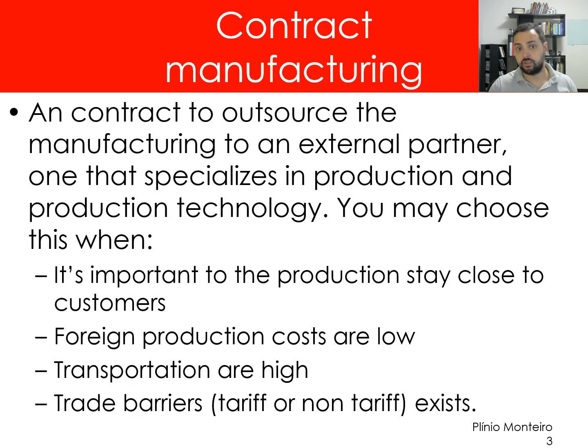Of course, you need to take into account the costs of production and how these compare to the transportation costs. And as a very general example, there is the existence of trade barriers. If you have a lot of trade barriers, then probably you can have a partnership with a local firm to avoid these trade barriers, because you can produce within a partnership with a local firm.